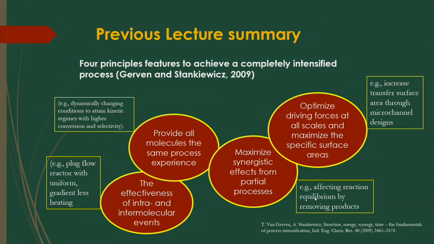After that, the basic principle of process intensification is to maximize the synergetic effect from the partial processes of different chemical engineering processes, then optimize the driving forces at all scales and maximize the specific surface areas, based on which the intensification can be done for a chemical engineering process.